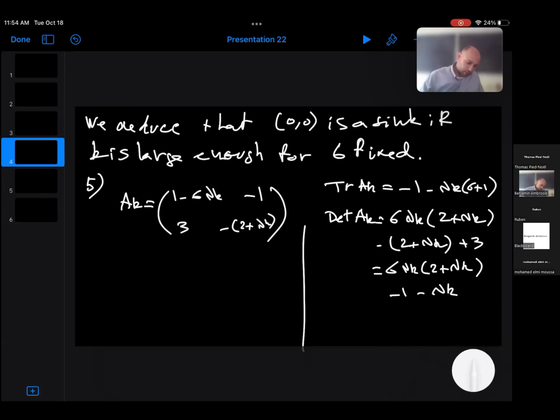And as a reminder, the eigenvalues mu 1,2 k are equal to 1 divided by 2, the trace of A plus minus the square root of trace A squared minus 4 determinant of Ak.